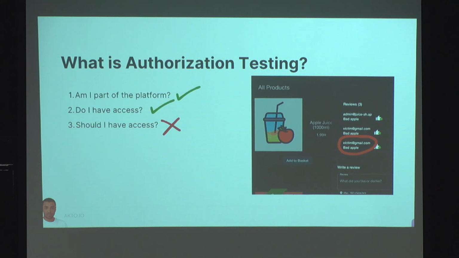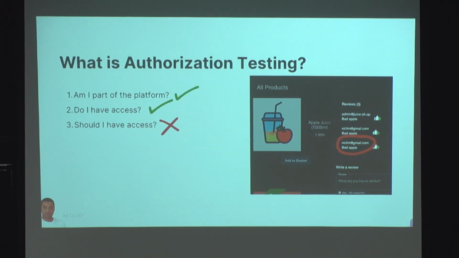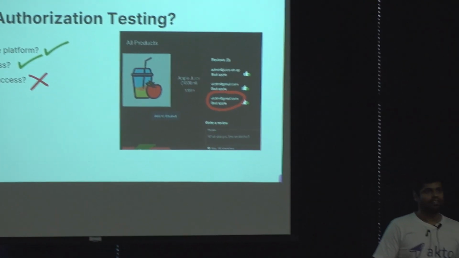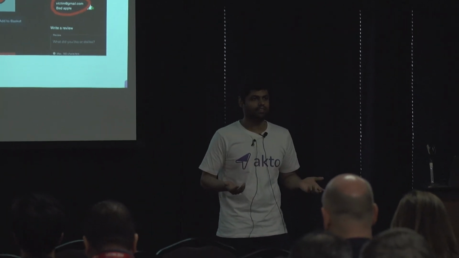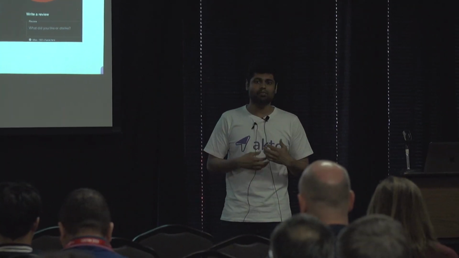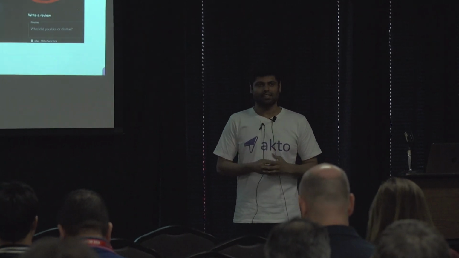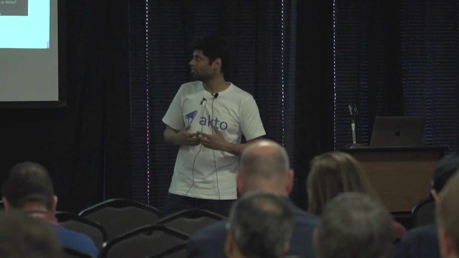Now those users, on the user interface or through APIs, can have access to a lot of functionalities. They can read a lot of data, they can modify or delete a lot of data. For example, DoorDash or Netflix. I am a part of the Netflix platform. I can log in, I can check my view history, what movies I have watched, my profile details, maybe my payment details as well.